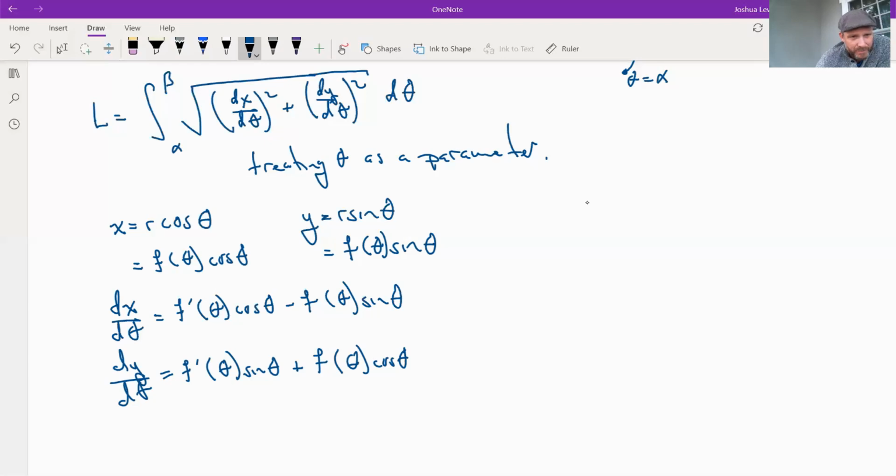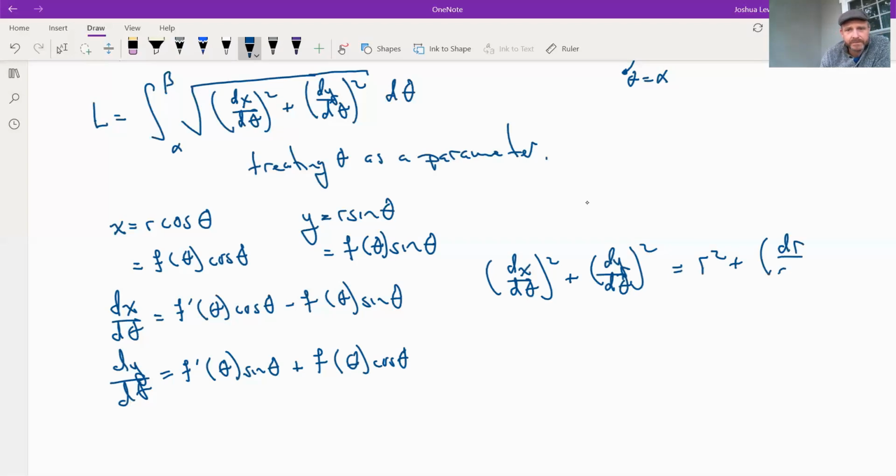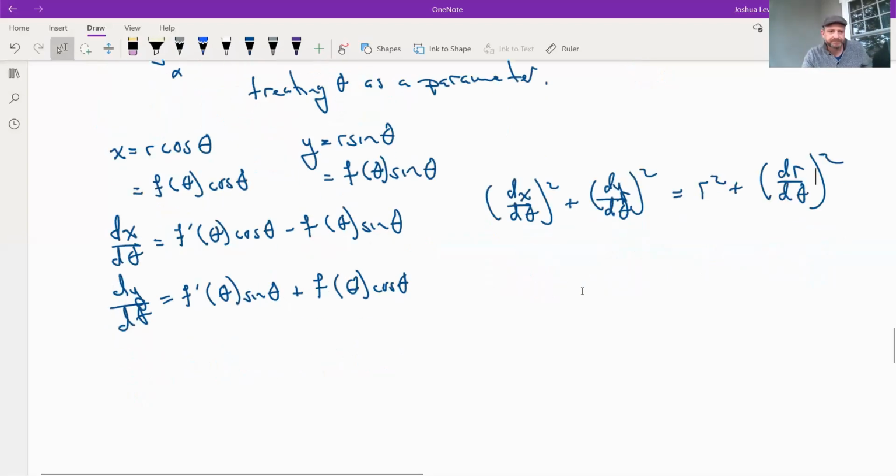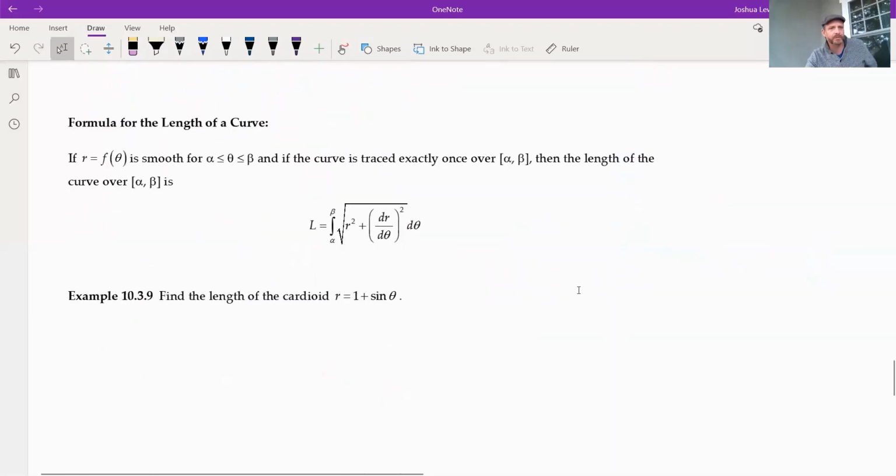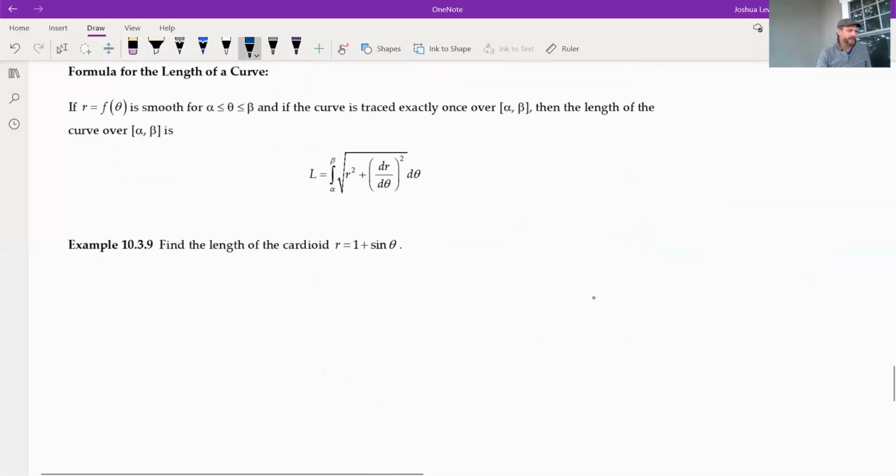And so if you just kind of play around with this, (dx/d theta) squared plus (dy/d theta) squared actually becomes r squared plus (dr/d theta) squared, okay? And again, you can square these out and cancel things and you'll see it. And so that gives us a nice formula for the length of a curve, okay?